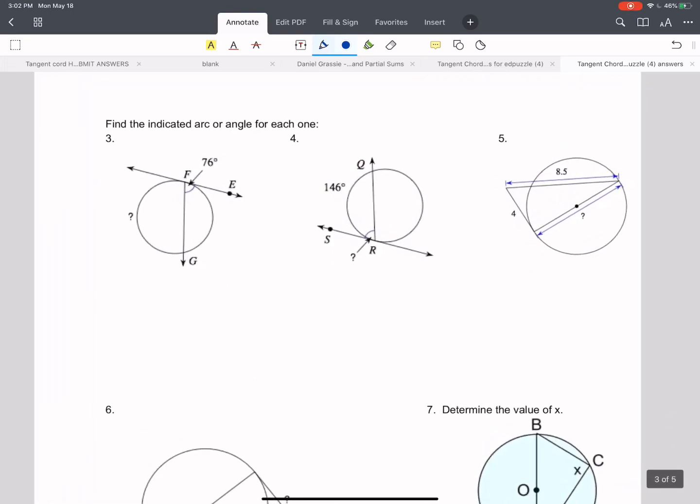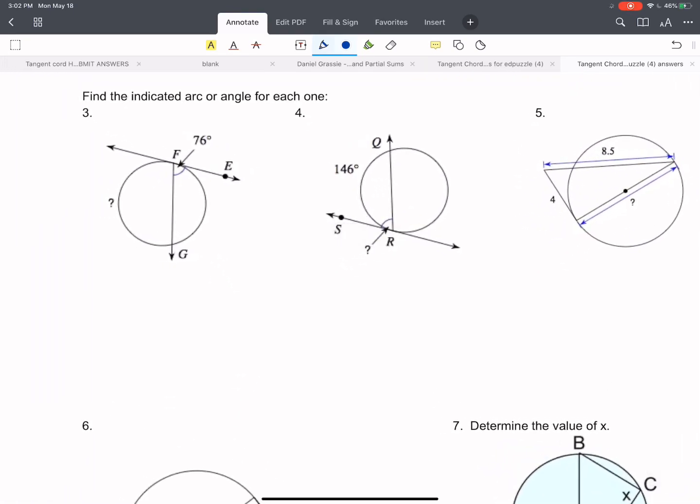Now let's try a couple more. You try a couple, pause it if you need to, or just watch along, however you need. So this angle here is 76 degrees. So using the tangent chord theorem, I know that this arc right here is going to be twice that angle. So 76 times 2 is 152.